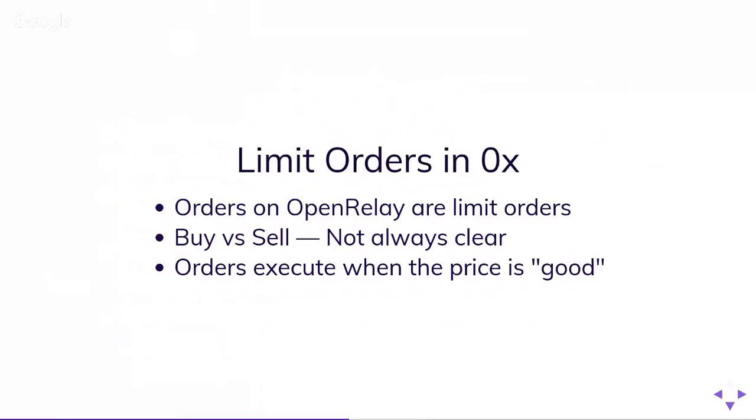That means when somebody agrees, I'm willing to give this amount of ZRX in exchange for that amount of Digix Gold because nobody else is going to give me a better deal than that. That is the general idea of limit orders, and those limit orders execute when the price is good.